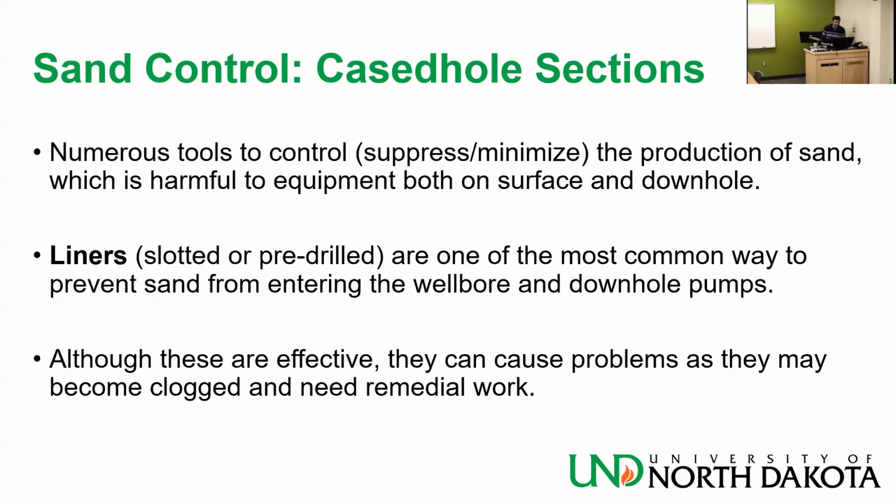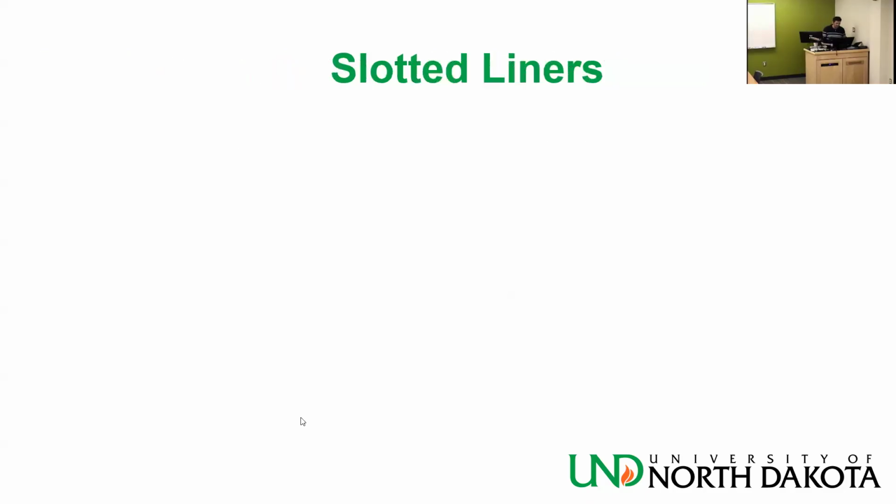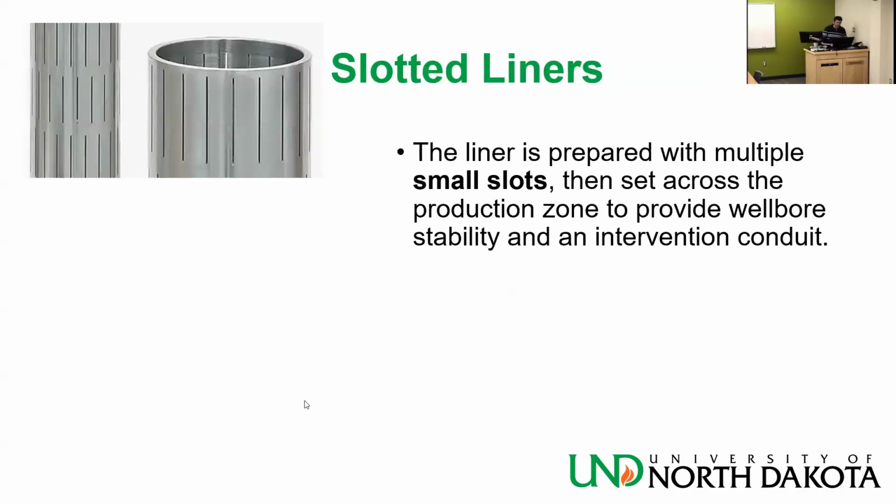Although these are effective, they can cause problems as they may become clogged themselves and need remedial work. Like this is one example. The liner is prepared with multiple small slots, then set across the production zone to provide wellbore stability and an intervention conduit.